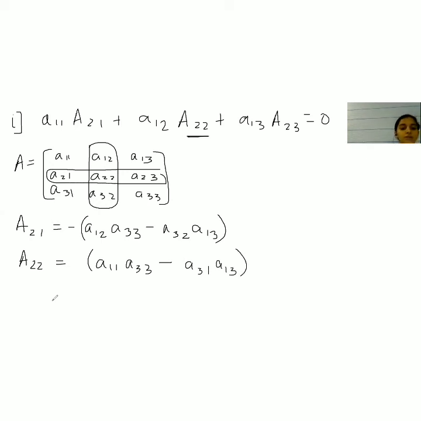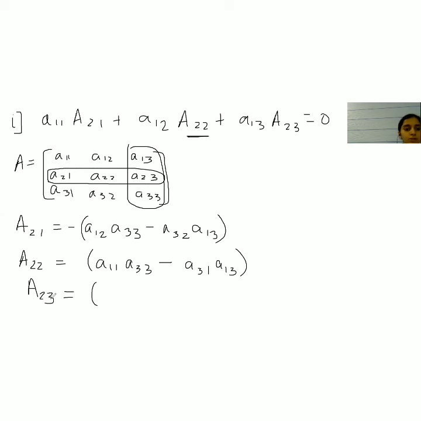And for A22 the ij addition is 4, so the sign will be positive. Last one, A23, that is second row and third column. Hide them, find the minors.